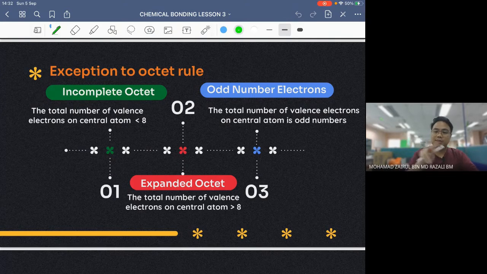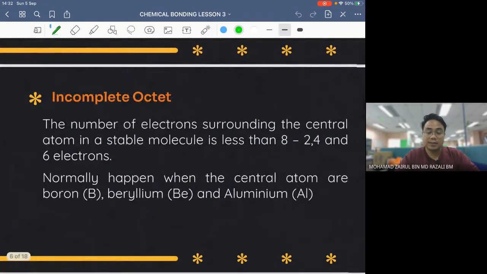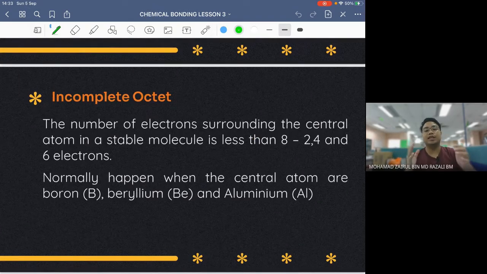So we're going to discuss incomplete octet first. As I said earlier, incomplete octet happens when the number of electrons surrounding the central atom in a stable molecule is less than 8, normally either 4 or 6 electrons.